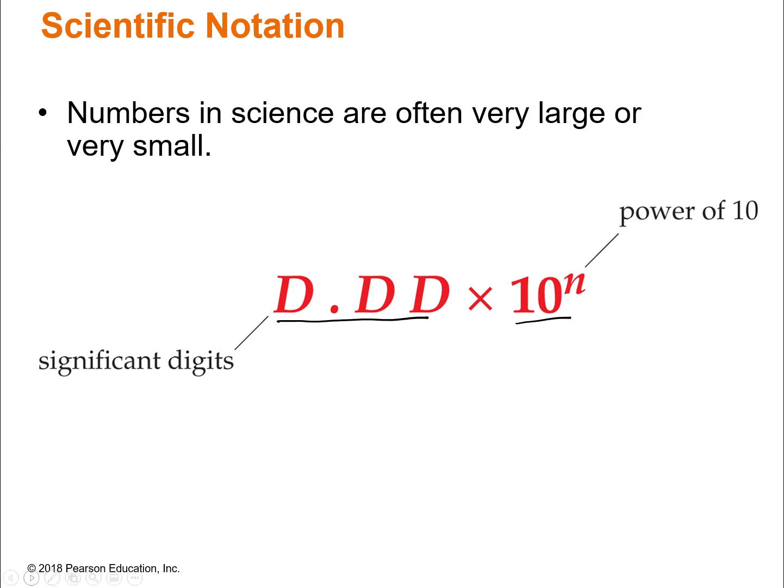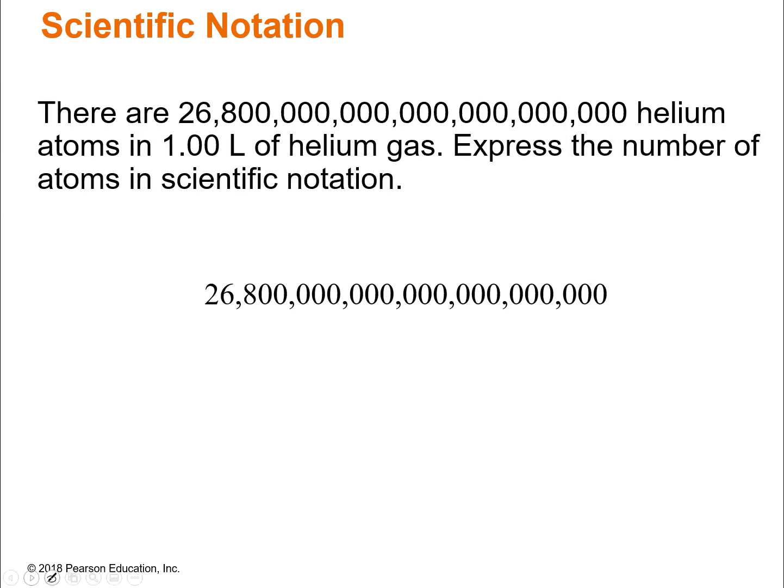So an example of scientific notation would be this. You've got your significant digits, and you've got your power of 10. So that's the format, what it looks like.